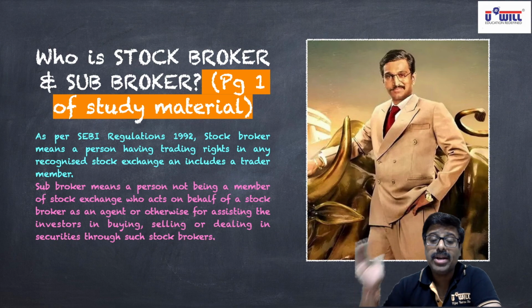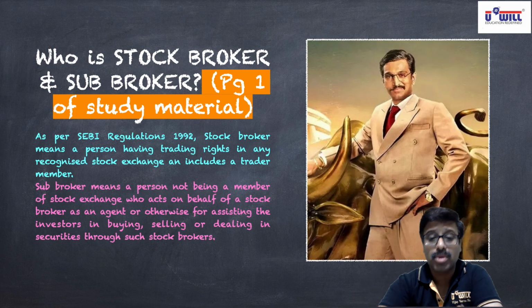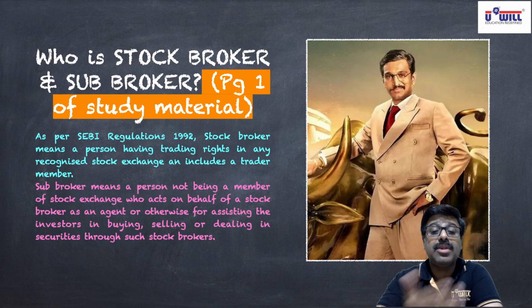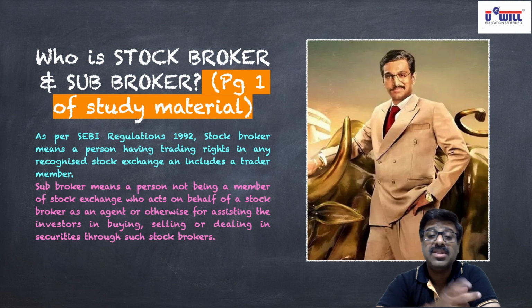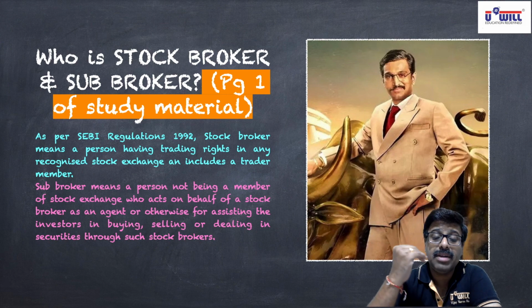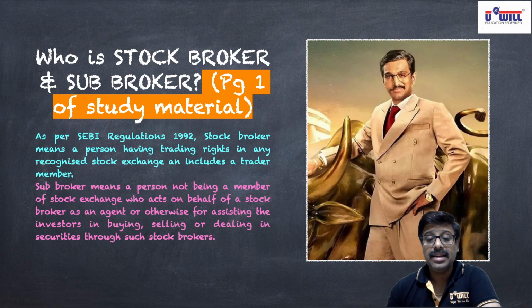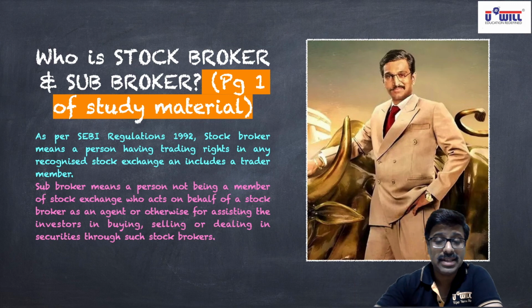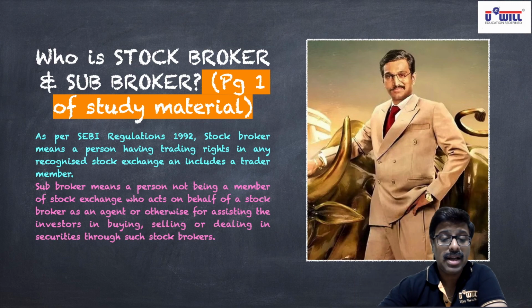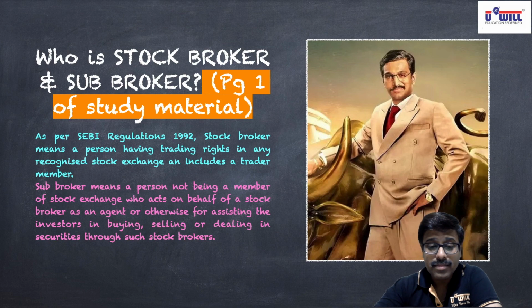So he is a subordinate broker of the stockbroker. He is a sub-agent of the stockbroker who himself is not registered with the stock exchange. Because if he himself is registered, then he would become the main stockbroker. So he is not registered, but he helps the stockbroker as well as the investors in buying and selling shares and securities. I hope you all understand this.